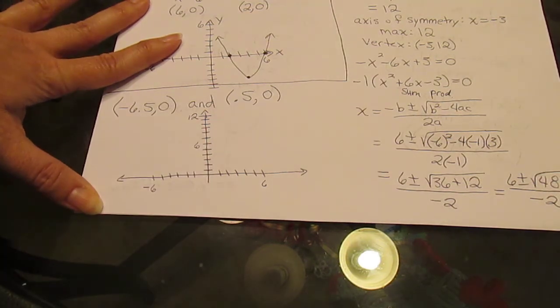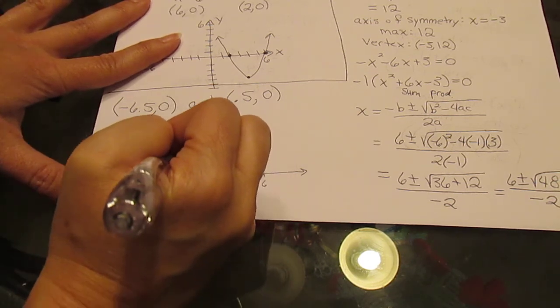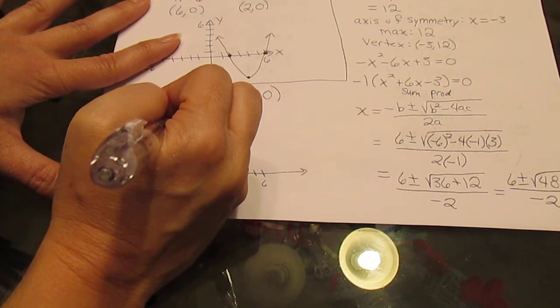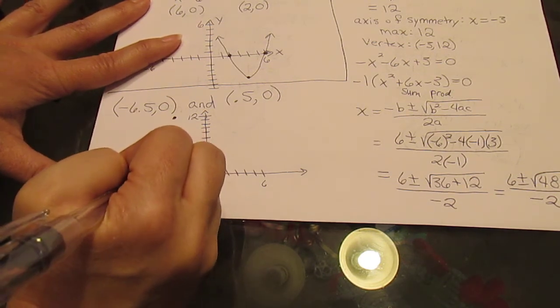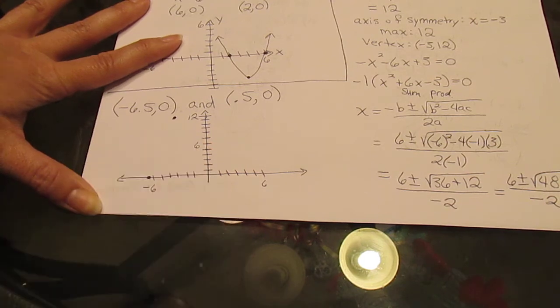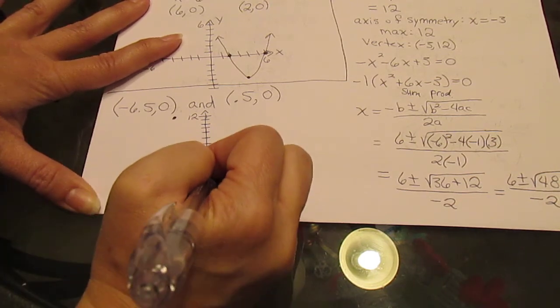Okay, remember I like to put my vertex on the graph first. That was (-3, 12). And then I plot my x-intercepts, so -6.5 and 0.5.